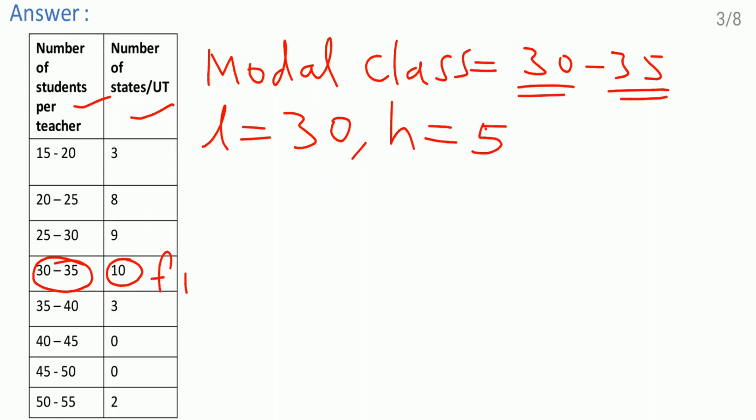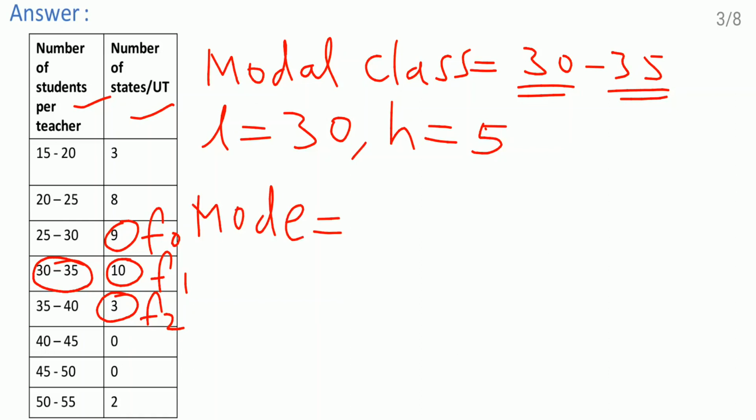Okay. Now the frequency of the previous class of the modal class, this one, is F0, and frequency for the succeeding class is F2 here. Correct. Now we'll write down the formula for mode.